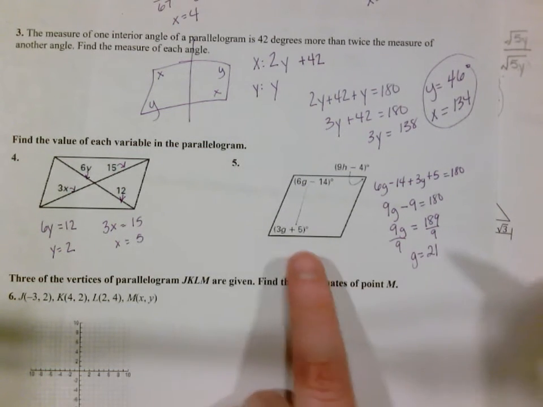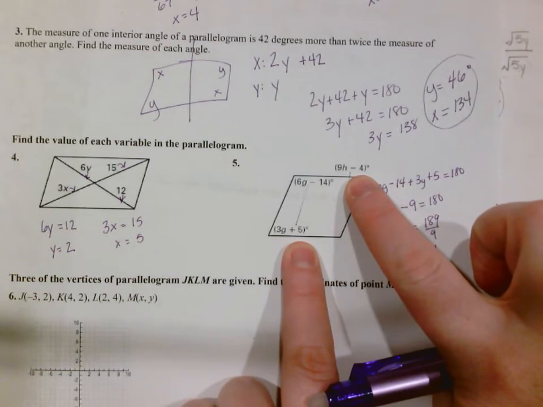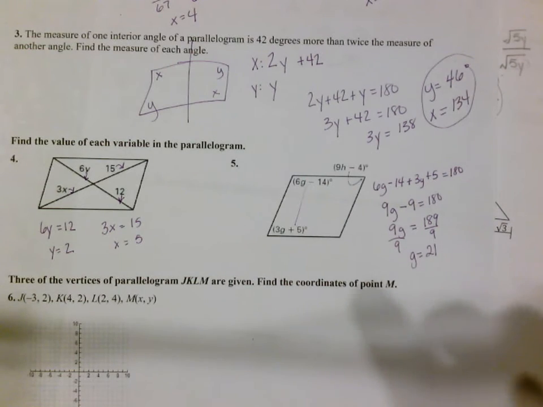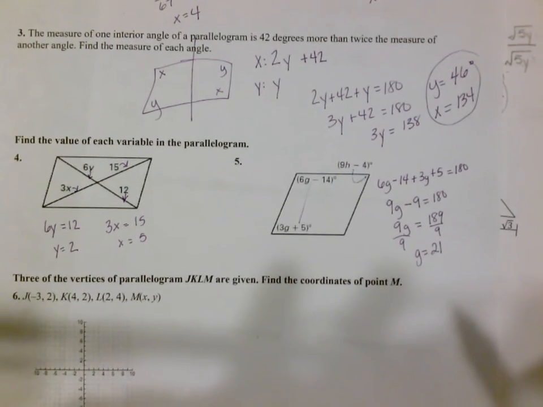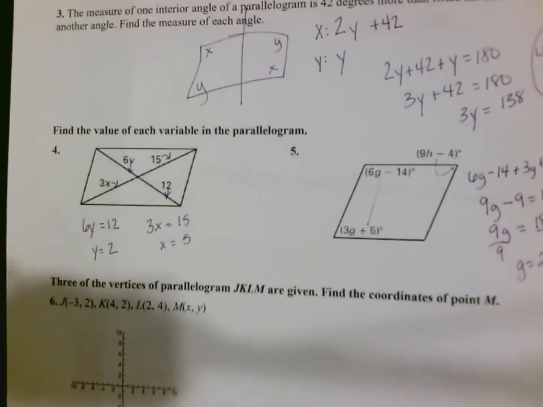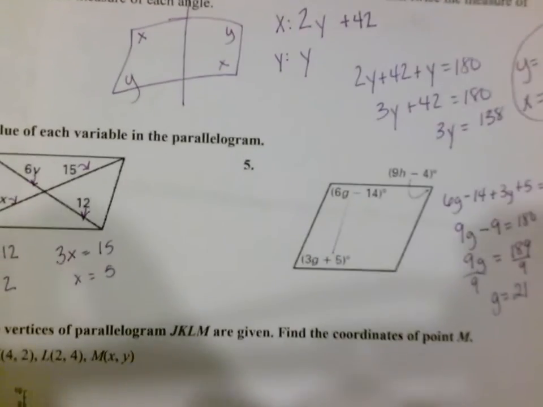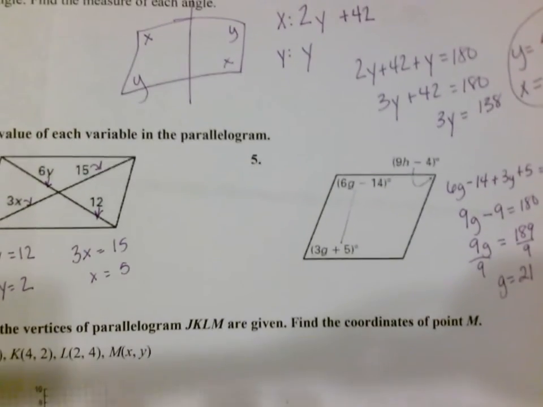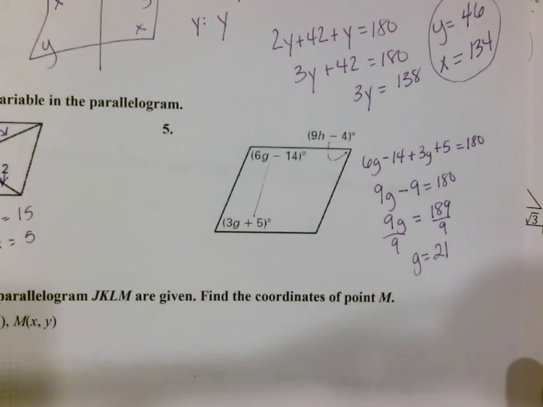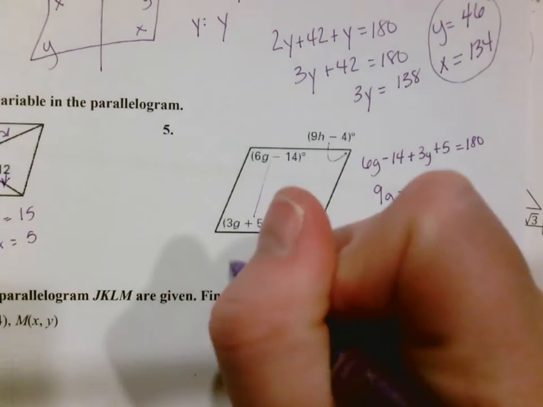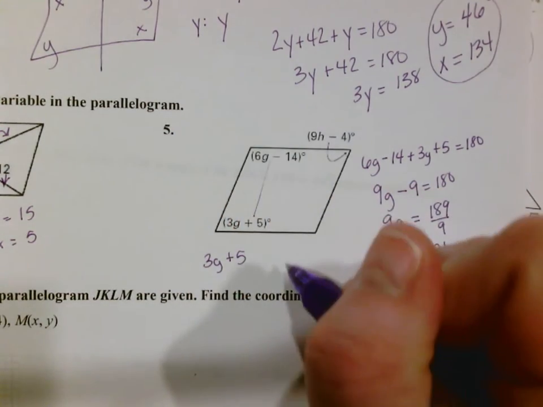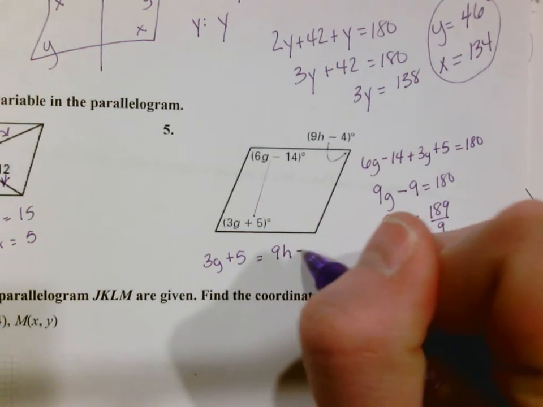So you could either do congruent angles now, which is what I'm going to do, or you could do these as consecutive interior and see if they add up to 180, but I'm just going to set 3g plus 5 equal to 9h minus 4.